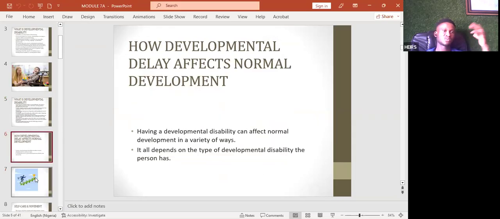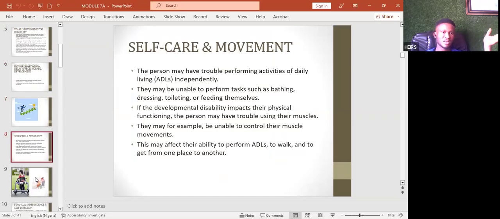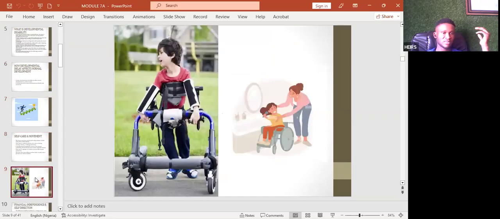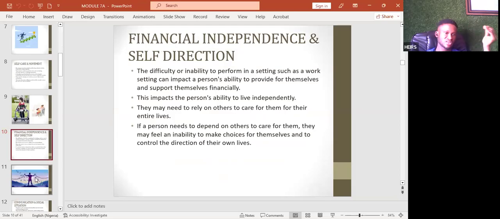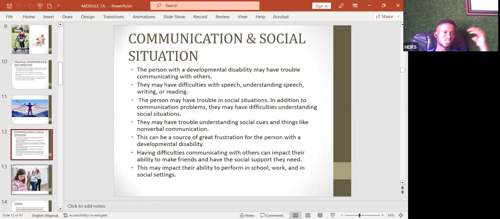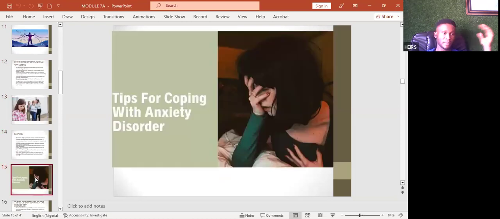We also talked about how this developmental delay affects normal development: in self-care and movement, financial independence and self-direction, communication and social situations, and coping.